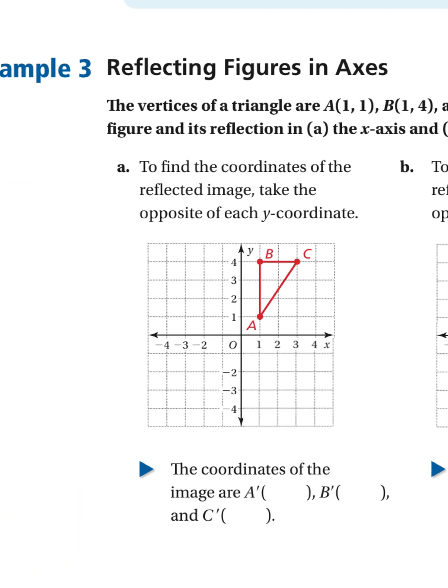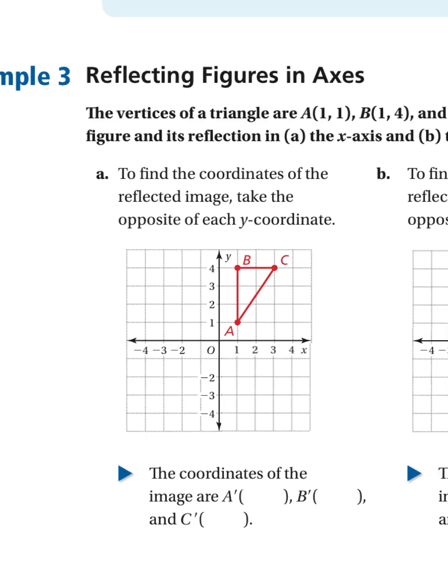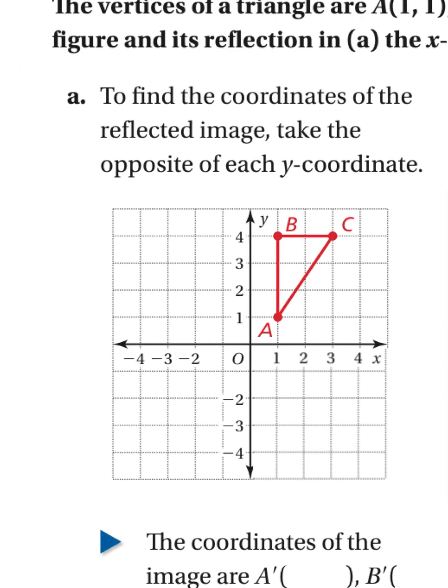All right, in part A, we are going to reflect it over, let's start with the y-axis. I'm going to do this triangle blue. So my new B, this one is 1 unit away from Y, so now it should be 1 unit away. This is my new B. A is 1 unit, so I'm going to count 1 unit. This is my new A. C is 3 units, so it should be 3 units.